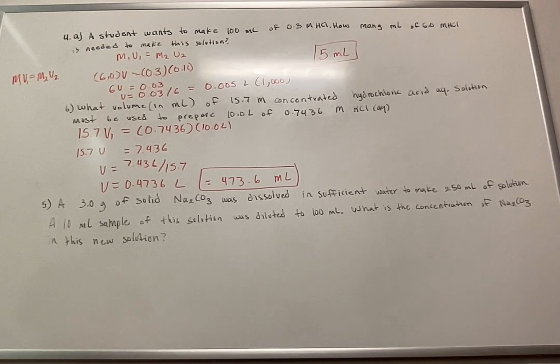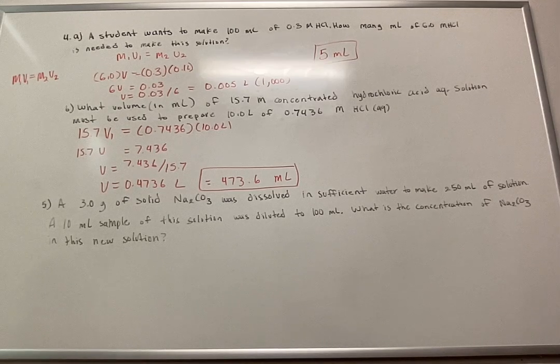So they give us 3 grams of solid sodium carbonate, Na2CO3, dissolved in sufficient water to make 250 milliliters of solution. A 10 milliliter sample of this solution was then diluted to 100 milliliters. What is the concentration of Na2CO3 in this new solution?